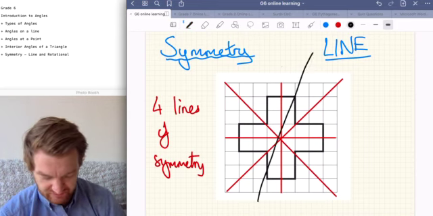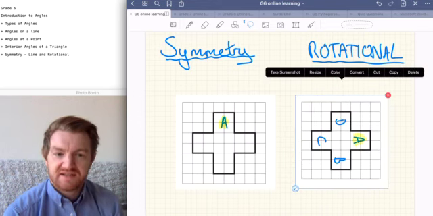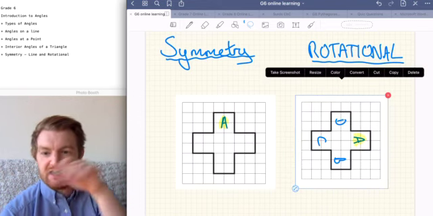So if I turn it like this, for example, we can see it's not the same. It's kind of the same shape, but it's not looking the same. If I turn it 90 degrees, a quarter turn, however, we can see it looks the same. It looks like a plus. So that's one way we can do it. We can go again, and we can see there's two ways. We can keep going, 3 ways, and back to the beginning.